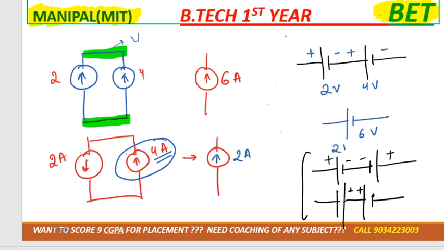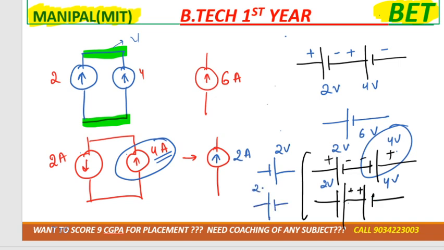In this case 2 volt and 4 volt give 4 minus 2, which is 2. The sign follows the bigger one, so this would be negative-positive 2 volt and this would be positive-negative 2 volt. Understood? If two batteries are connected in series, add. If two batteries are connected opposite, then subtract.